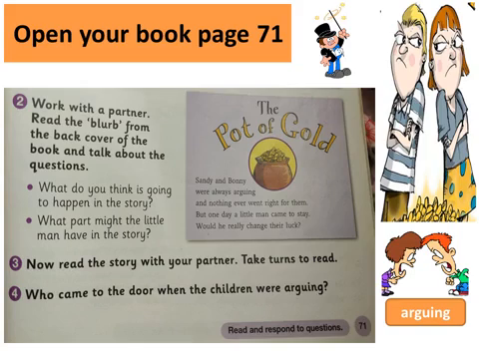But one day a little man came to stay. Would he really change their luck? So now this is the few lines telling us something about the story, not the whole story, but just a hint. And we call it the blurb. Okay? Great job.